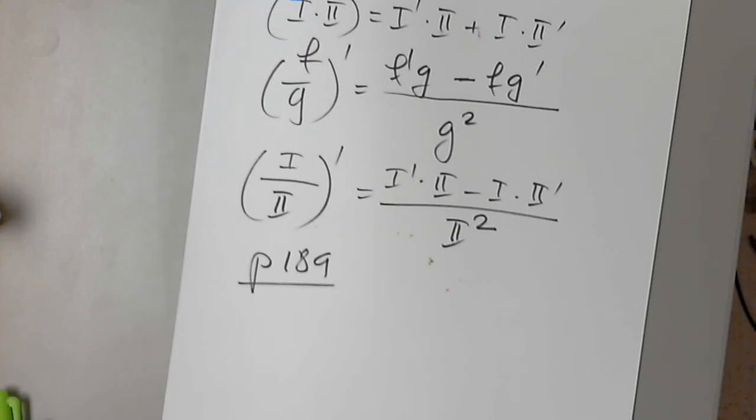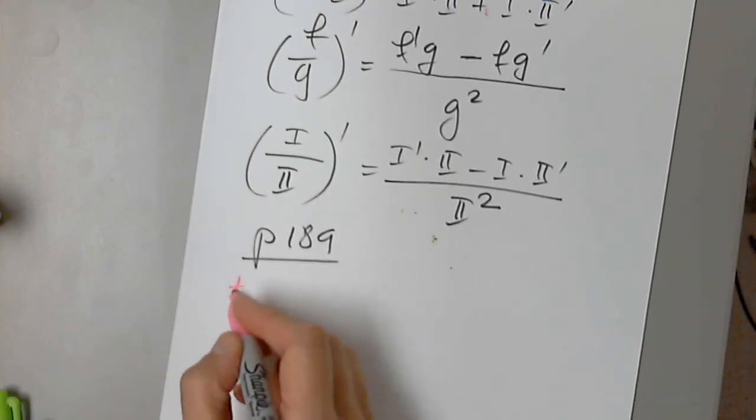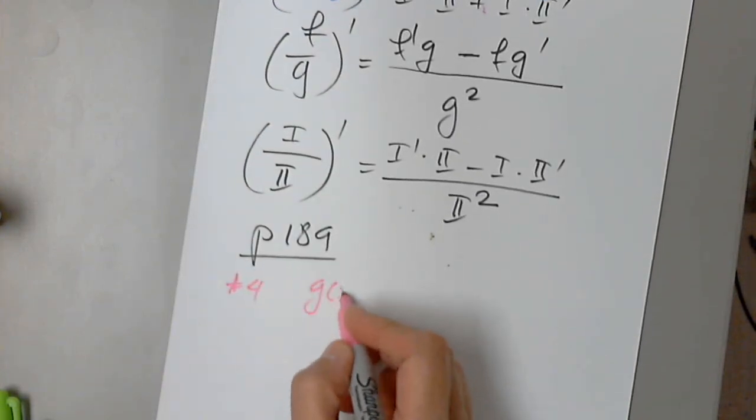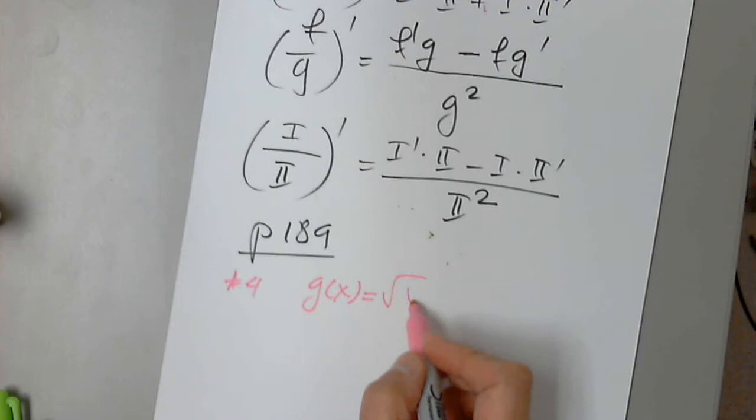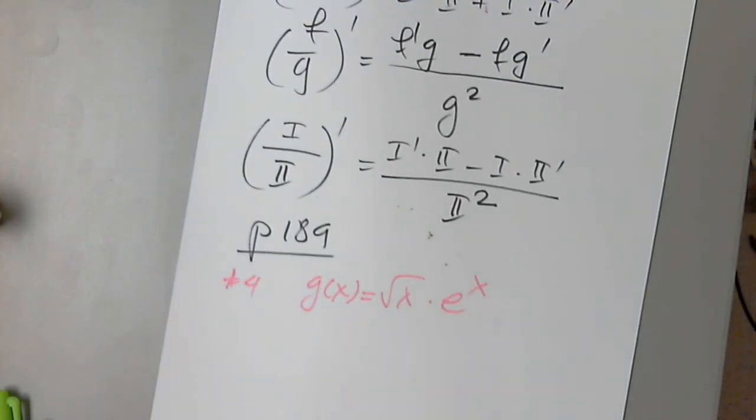Let's start with a product, a simple one, number 4. So we have g of x, which is the square root of x times e to the x. So this is a product of two functions. There is no other way but use the product rule.